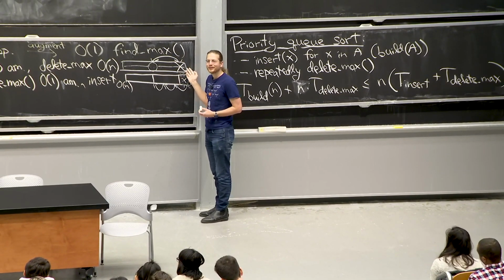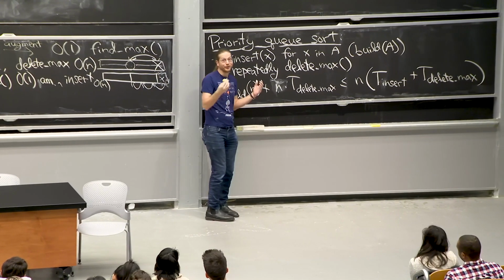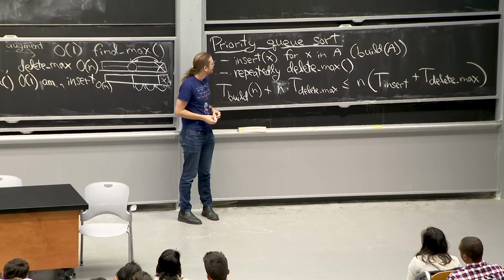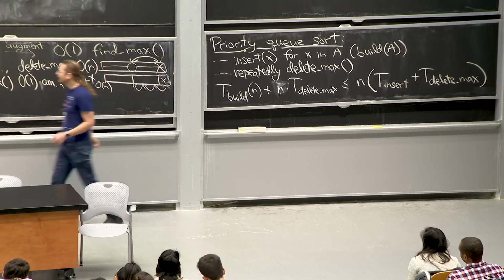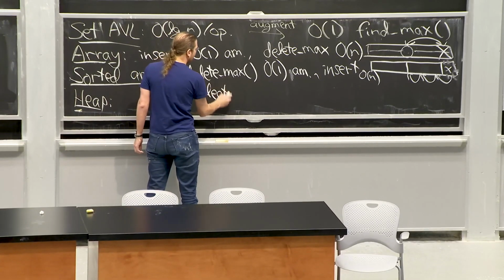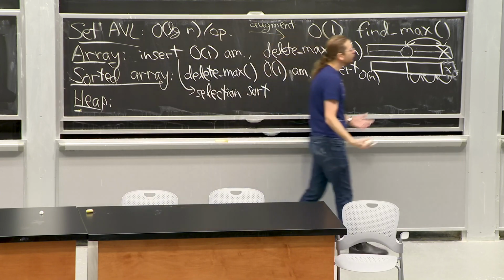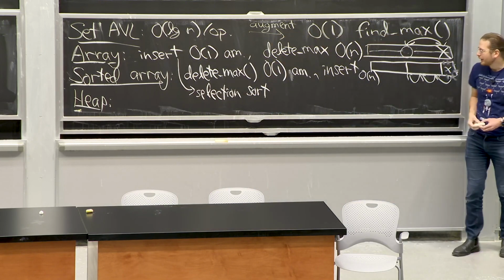Does that sound familiar? That's selection sort from lecture 3. So arrays give us selection sort. This is a new way to think about what we were doing way back then.